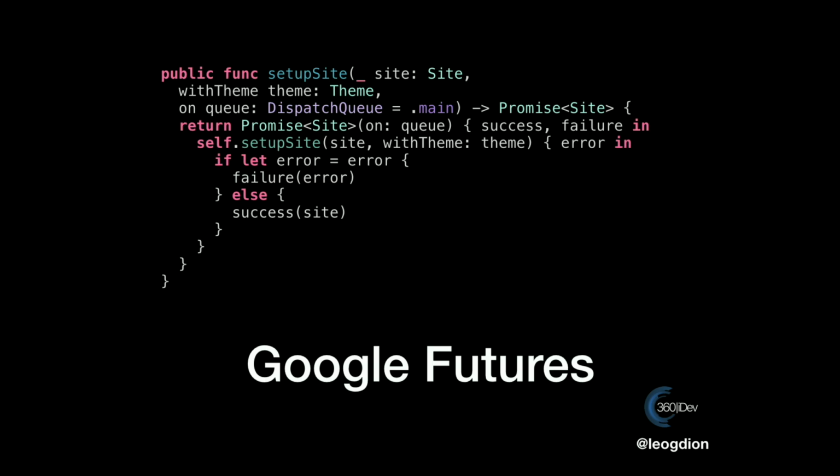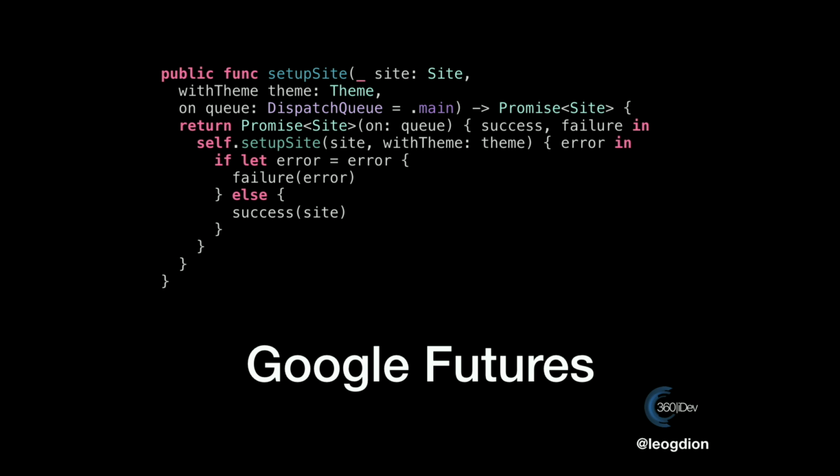So let's go back, look at our setup site again, and this time we're going to use Google Promises and Google Futures to set up the site. In this case, we don't have to deal with an event loop, but rather they expect a dispatch queue, which is something we all know and are familiar with.